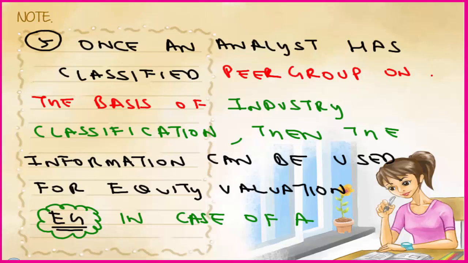Once we have decided that these are the peer companies, on the basis of the industry information we will be getting, we can use it for the equity valuation of these peer companies. So the fifth point is very, very important. Please note it and write down: once an analyst has classified on the basis of industry classification, then the information can be used for equity valuation.